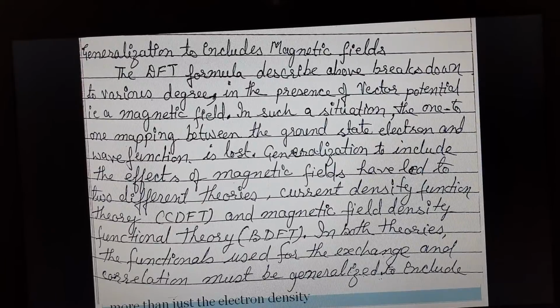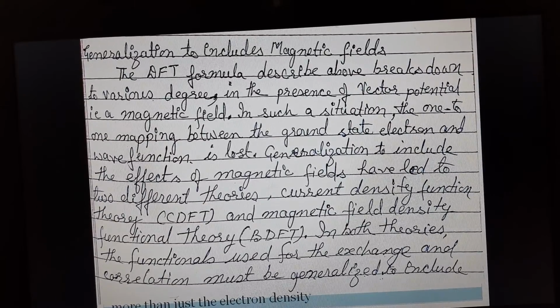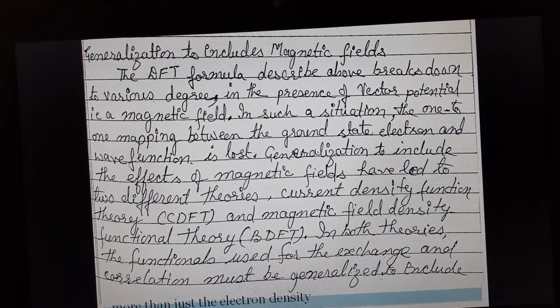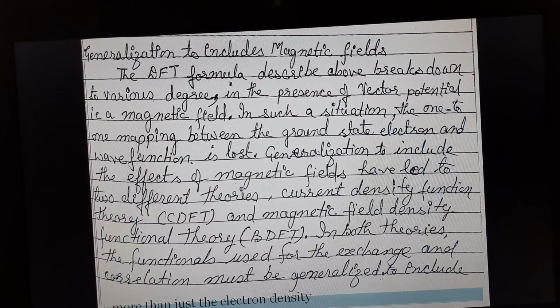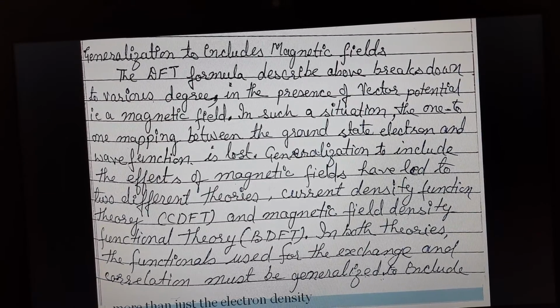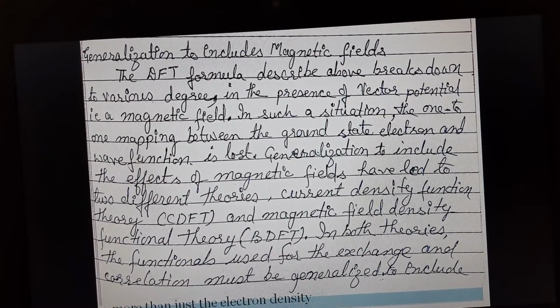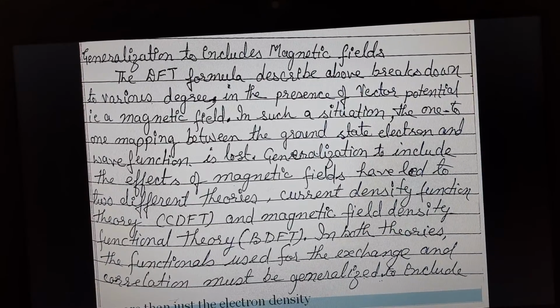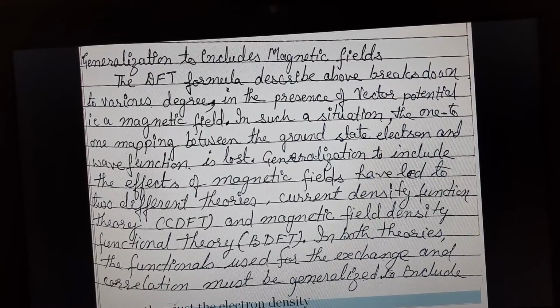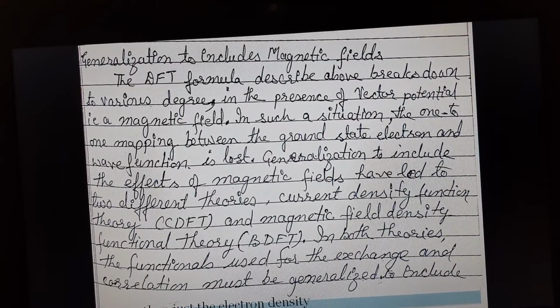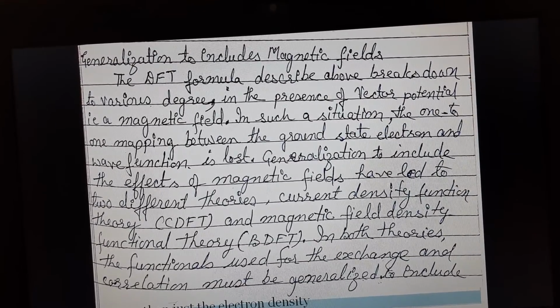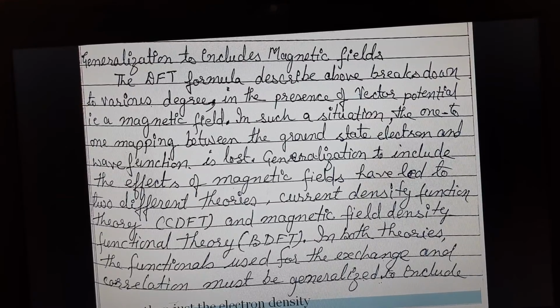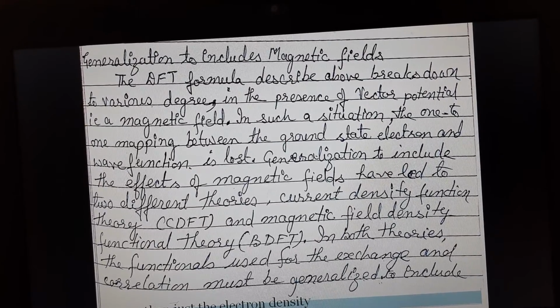Generalization to include a magnetic field. The DFT formulation described above breaks down to various degrees in the presence of a vector potential, that is, a magnetic field. In such a situation, the one-to-one mapping between the ground state electron density and wave function is lost.